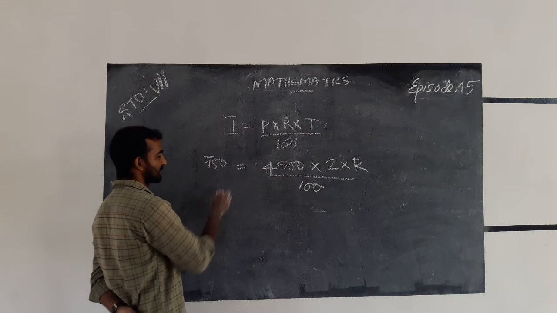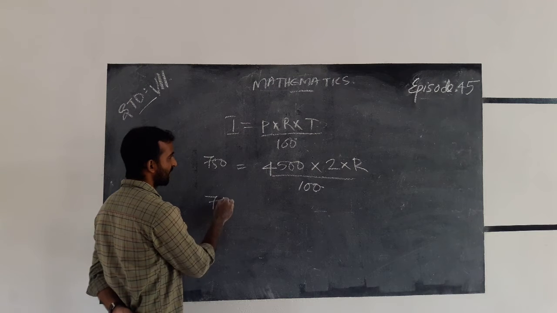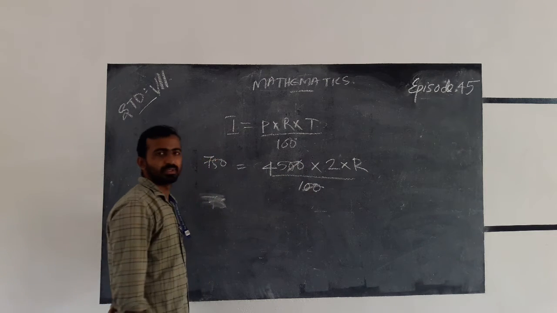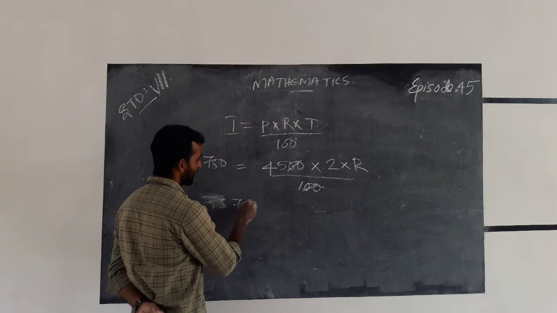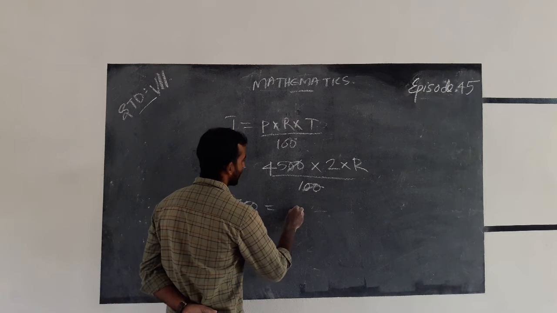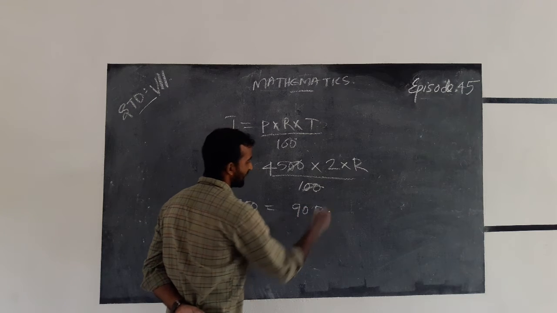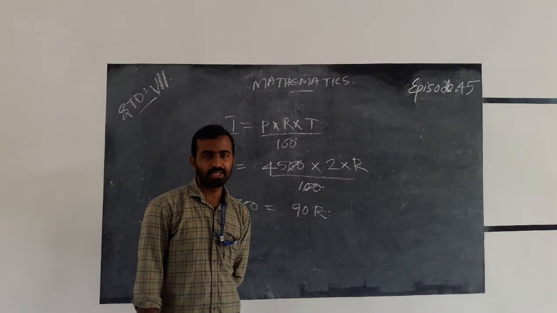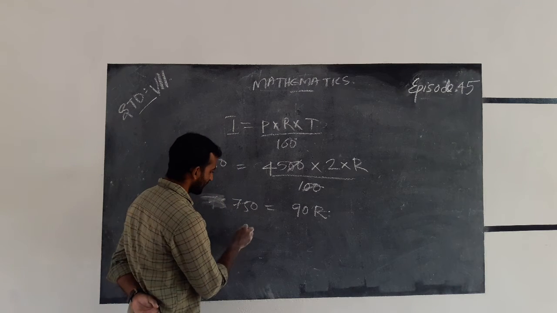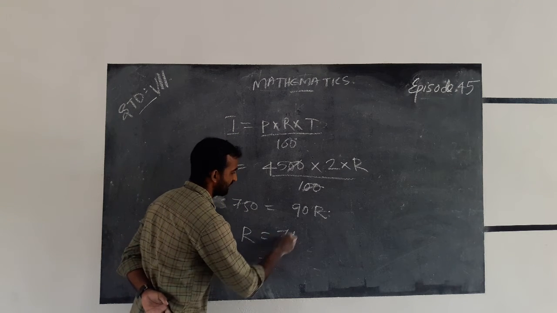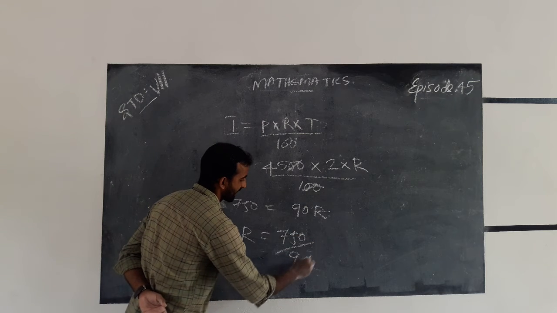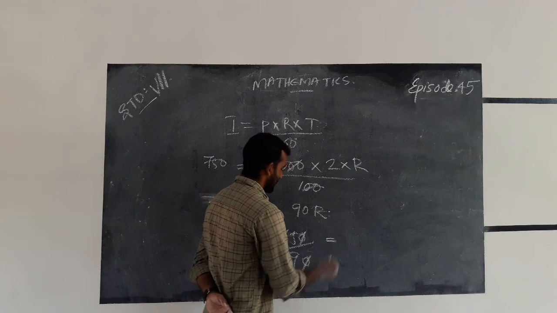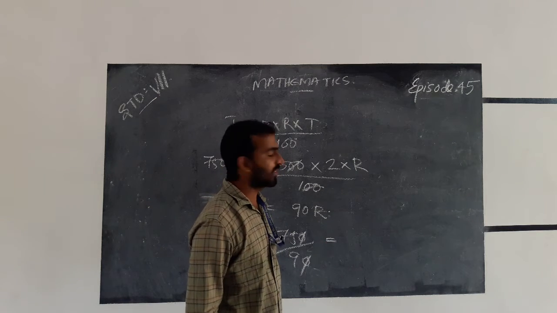Transposing the 100 to the left side, we can simplify. That is 750 equal to 90 R. So R equal to 750 by 90, that is 75 by 9.